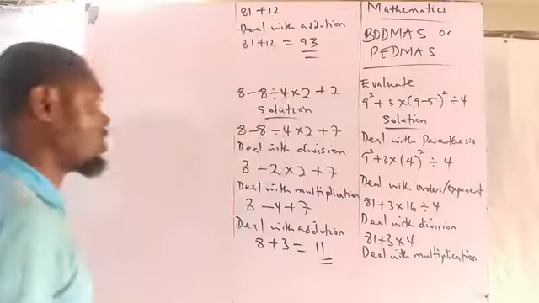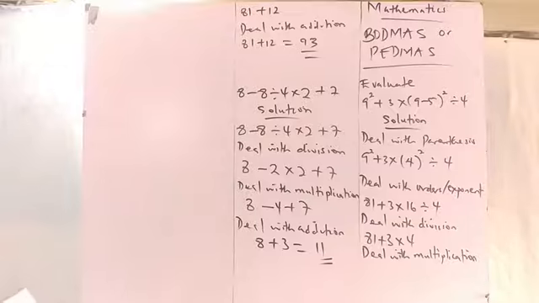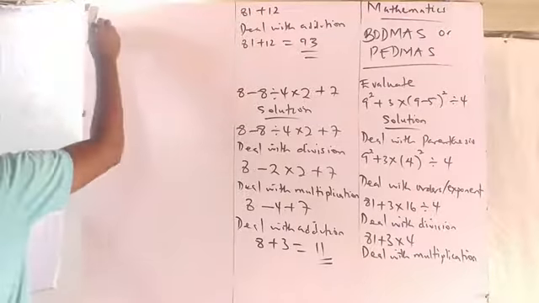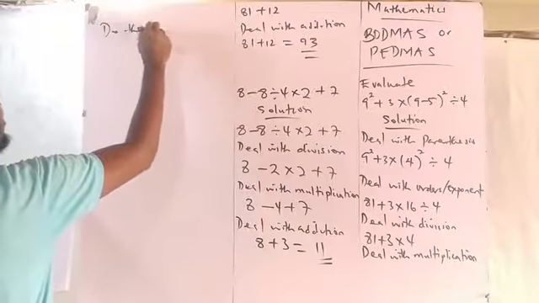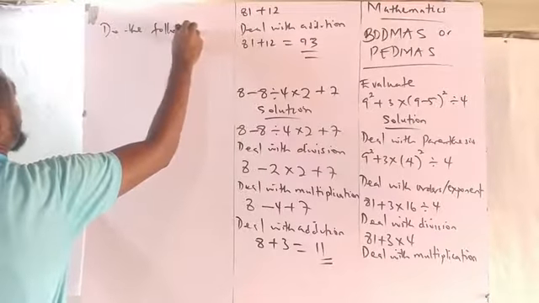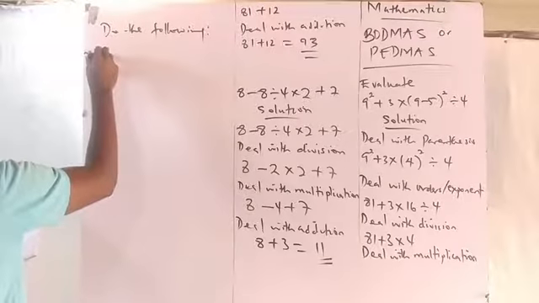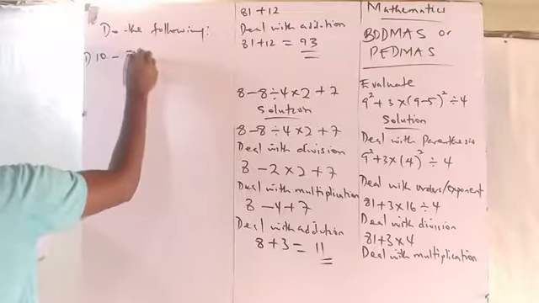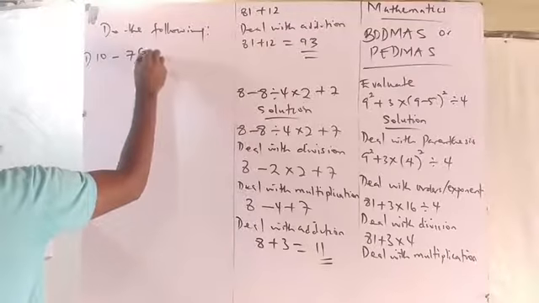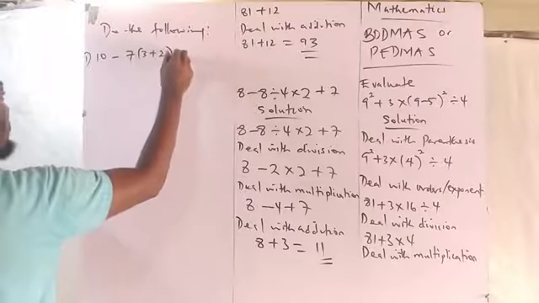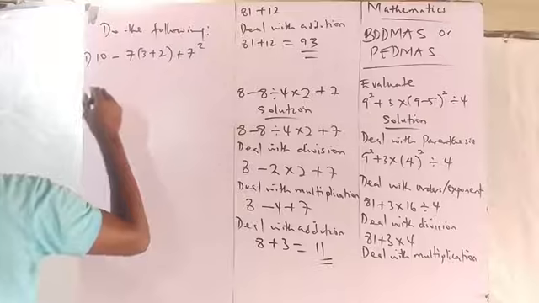Now you carefully do this yourself using the same BODMAS or PEDMAS. Deal with this yourself. Do the following. Number 1: 10 take away 7 into 3 plus 2 plus 7 raised to the power 2.